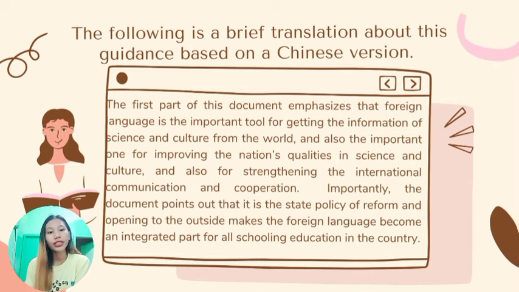The following is a brief translation of the guidance based on the Chinese version. The first part of the document emphasized that foreign language is an important tool for getting information on science and culture from the world, for improving the nation's qualities in science and culture, and also for strengthening international communication and cooperation.